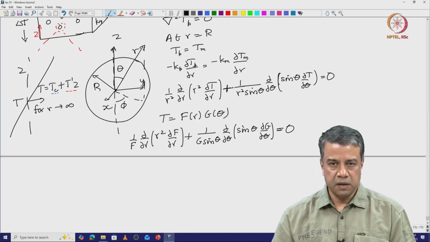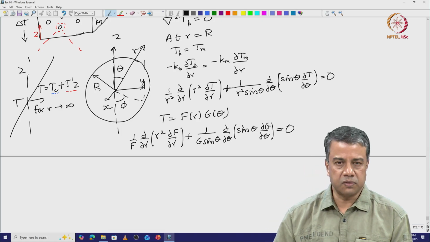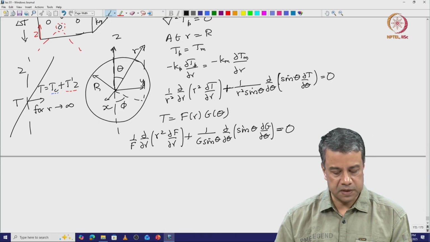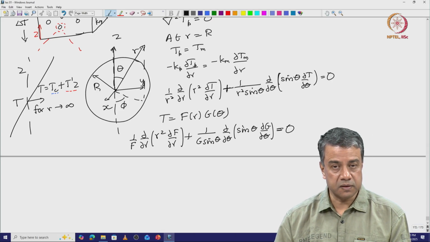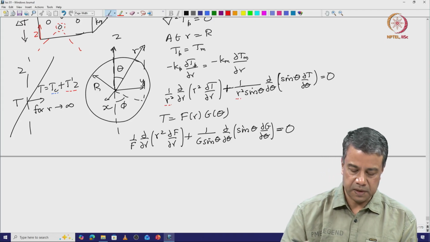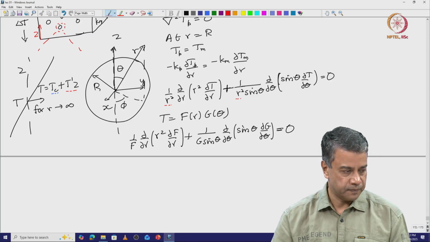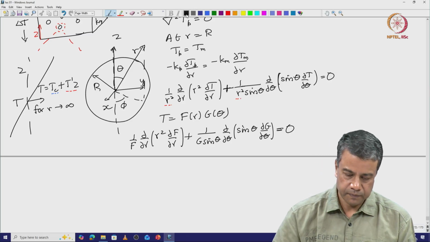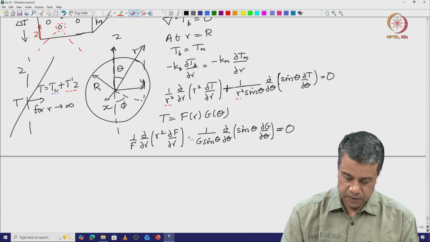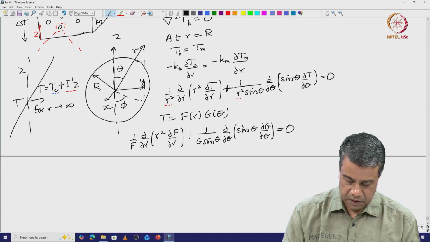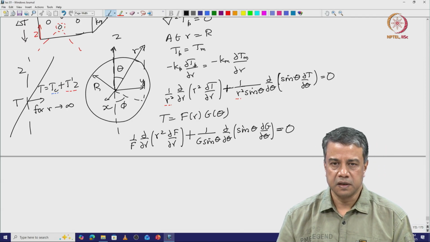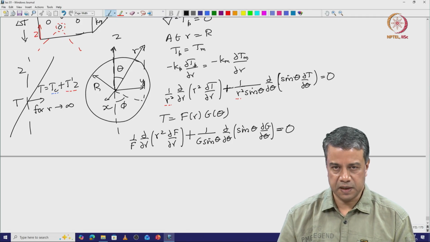Substitute T is equal to f times g in the equation, divide throughout by f times g, and also multiply throughout by r square, so that the second term becomes independent of r. Now, the first term on the left is only a function of r, the second term on the left is only a function of theta, therefore both have to be constants of equal magnitude and opposite sign.